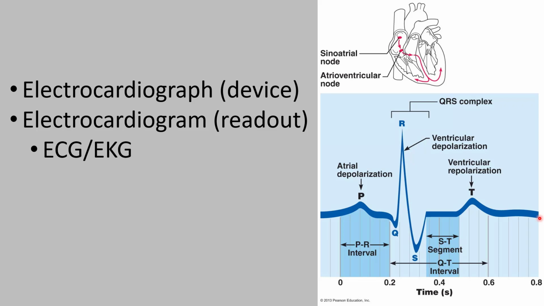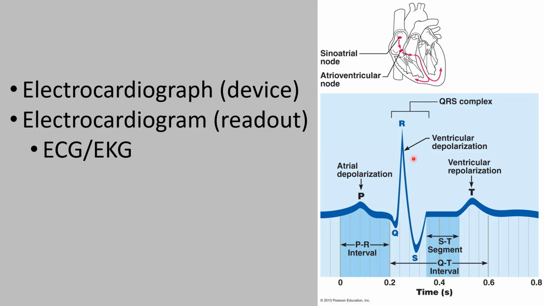Instead, it is a visual representation of all of the electrical activity in the heart during one heartbeat. Now, it doesn't directly show us any of the mechanical events, the contract or the relax, but it does show us all the electrical events, the depolarization, the repolarization.